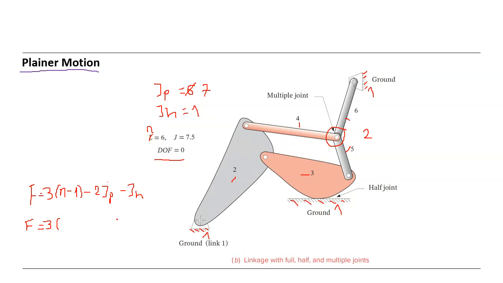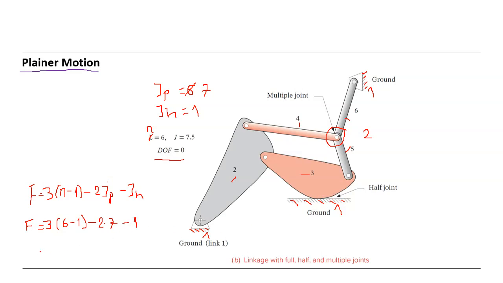N is equal 6. 6 minus 1, and then minus 2 times 7, and minus 1, we have 1 higher order joint.